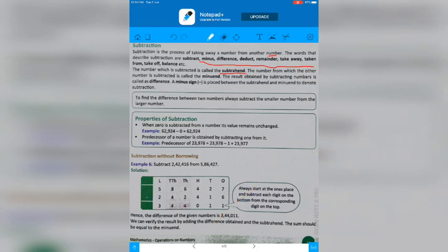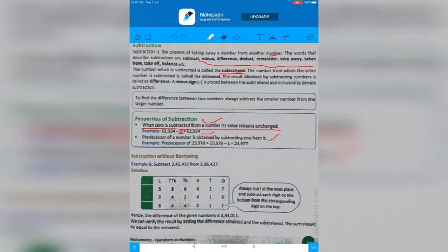Now come to the properties of subtraction. First, when 0 is subtracted from a number, its value remains unchanged. For example, if I subtract 0 from 62,924, we get the same answer. Now the second property: the predecessor of a number is obtained by subtracting 1 from it.